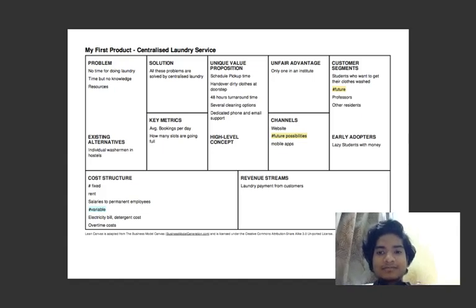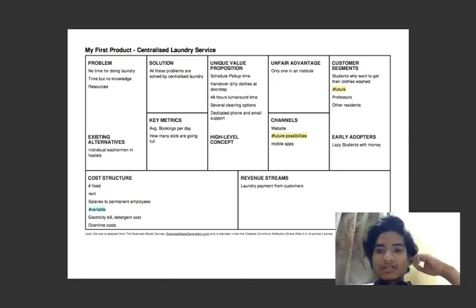Firstly, we look at the customer segments. Who is going to be our customer, basically? For a centralized laundry service such as Express Laundromat, it would be the students who want to get their clothes washed, and only until now, this is the only target that has been set by our institute.